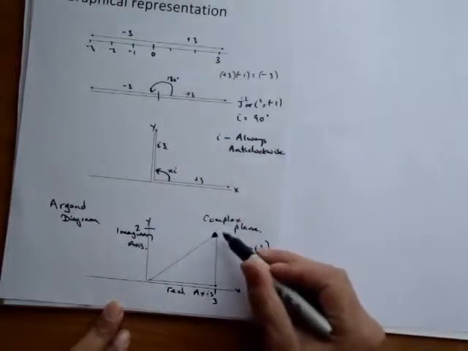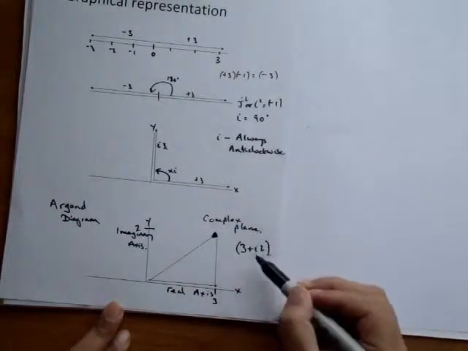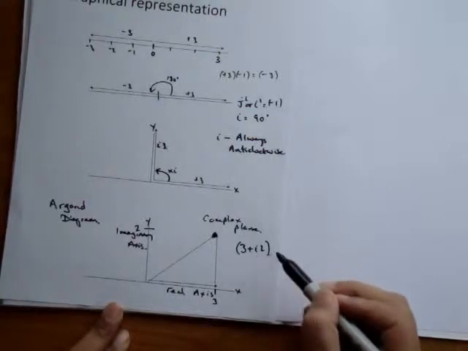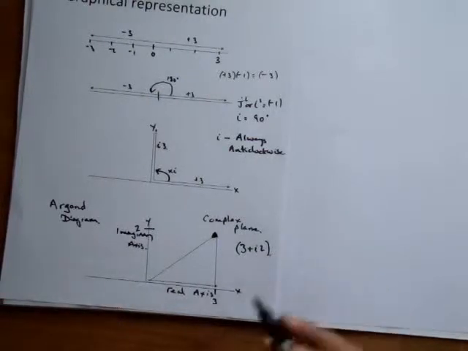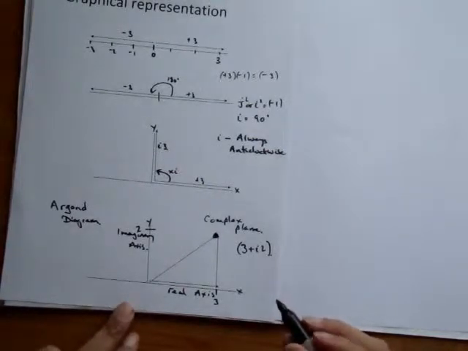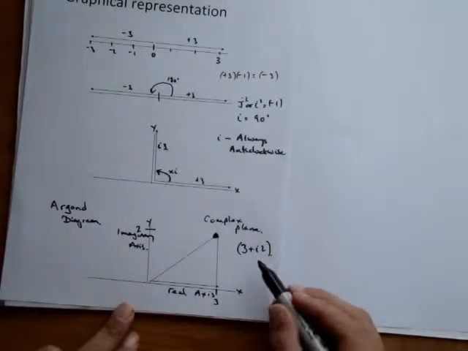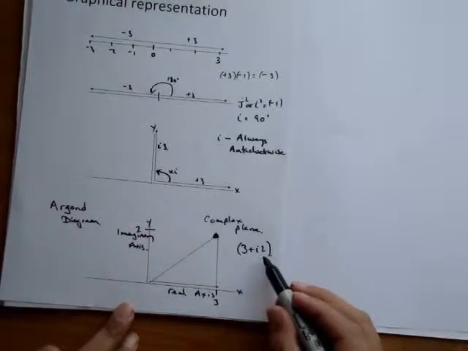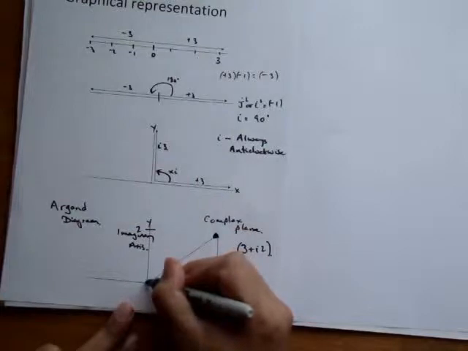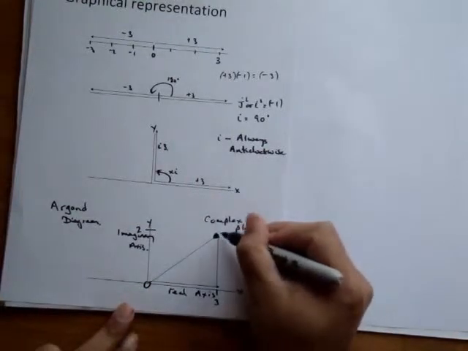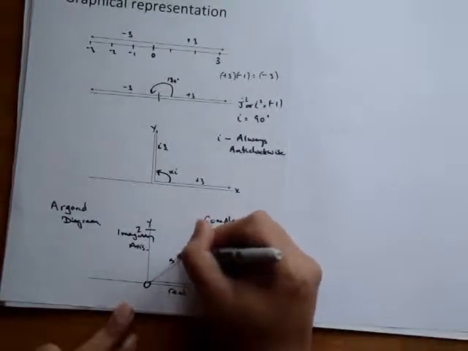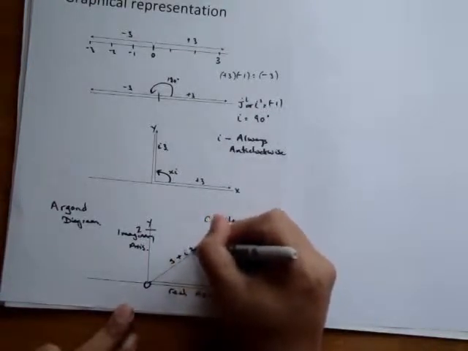So this point represents, on the complex plane, the complex number 3 plus i2, and if we wanted a single vector to represent 3 plus i2, it would be this from the origin to the point on the complex plane, and that would be 3 plus i2.